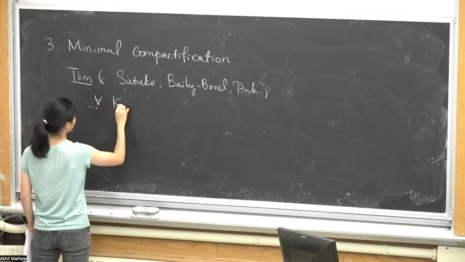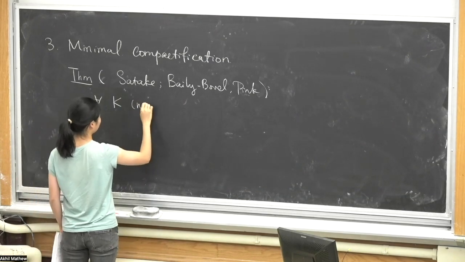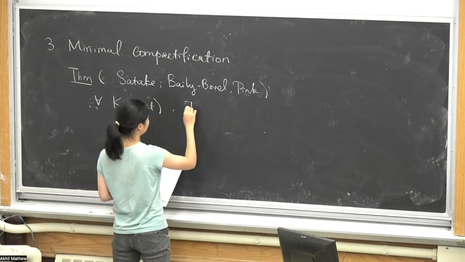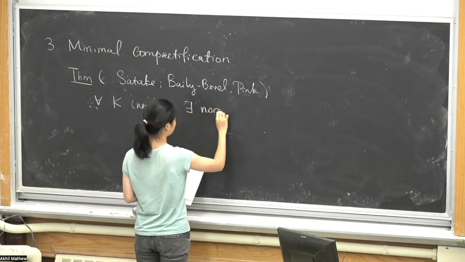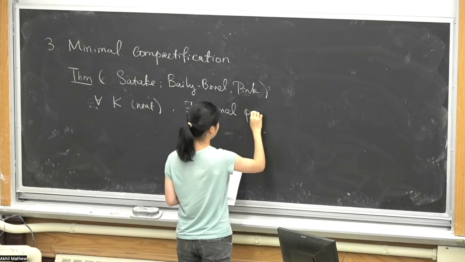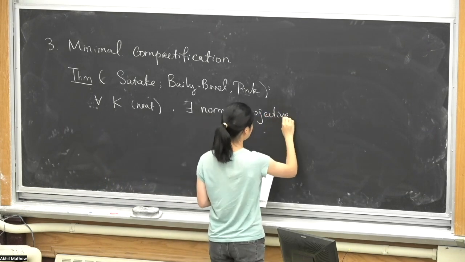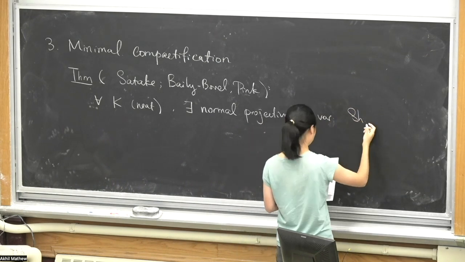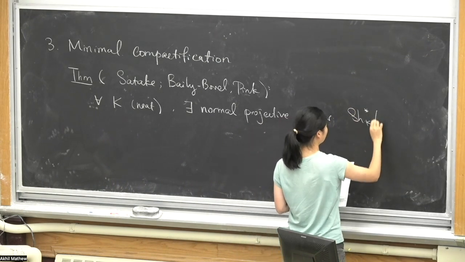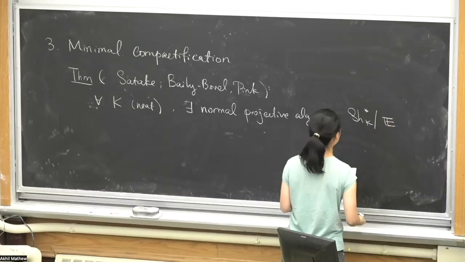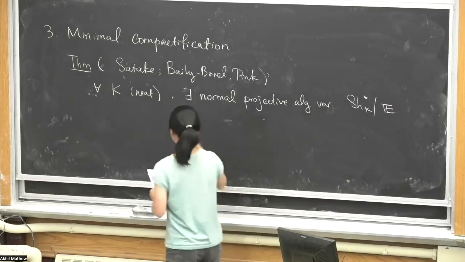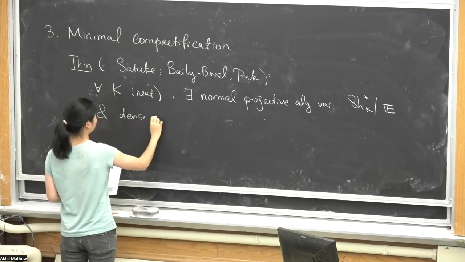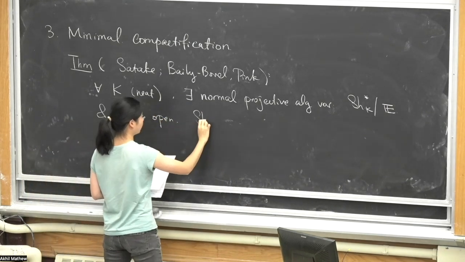For any small enough compact open subgroup K of G(A_f), there is a normal projective algebraic variety, defined over the reflex field of the Shimura variety, and a dense open immersion from the Shimura variety into it.